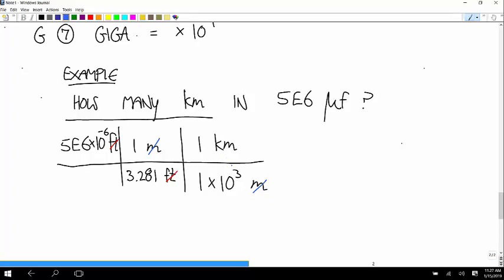And now if we multiply this out, can someone calculate that? The times 10 to the 6 and times 10 to the negative 6 go away. So we just have 1 divided by 3.281 times 10 to the minus third.